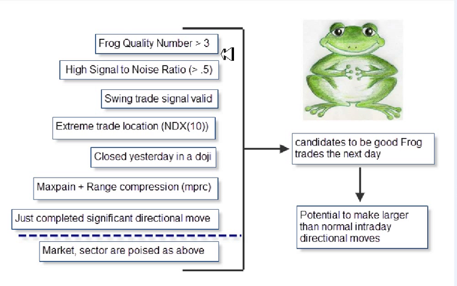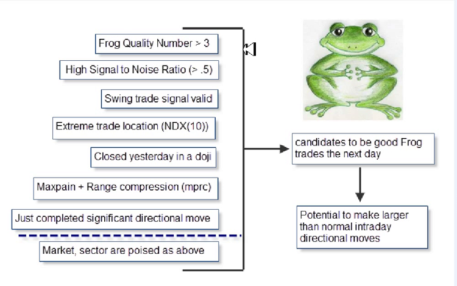The first one is a symbol that has a frog quality number greater than 3. And what that means is that when we take the frog standard deviation and use that as the marker for the difference between signal and noise, when we see one standard deviation of price in one direction occur, there are at least two more units of reward in that same direction that day as a strong potential.